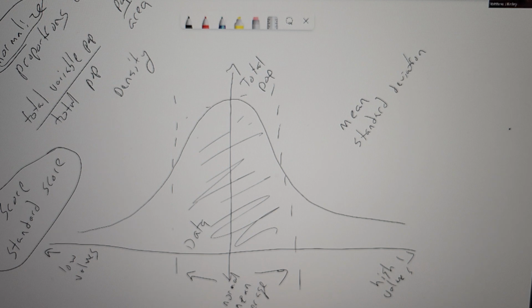A z-score tells us how unusual or how normal a particular observation is in our set of data. So I just drew some vertical dotted dashed lines.